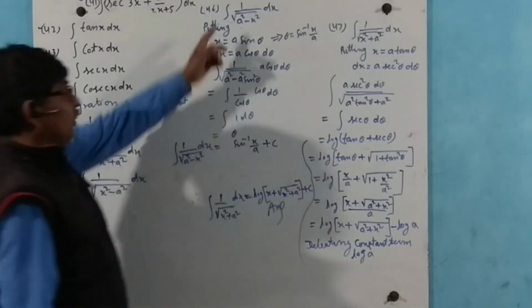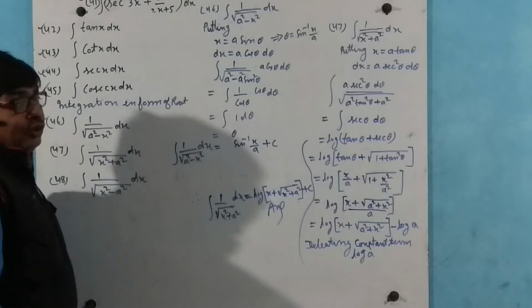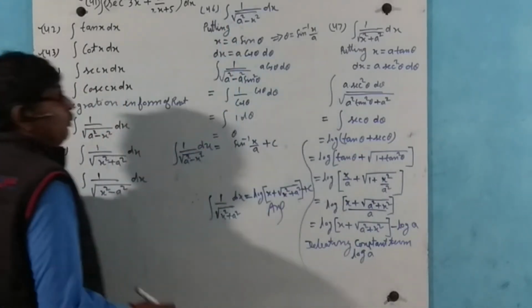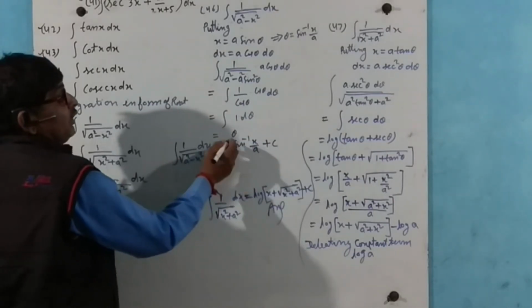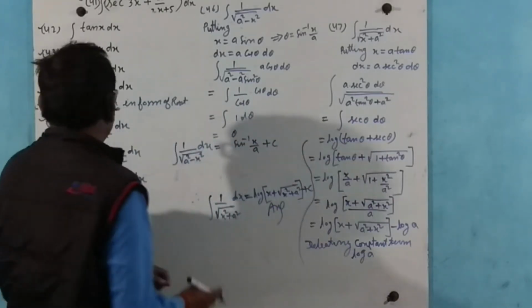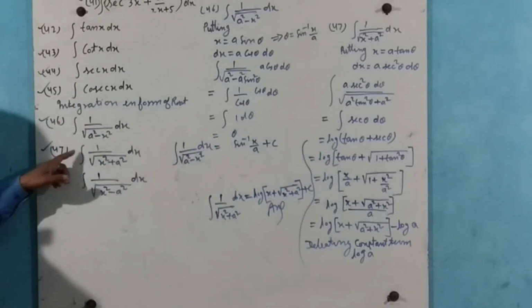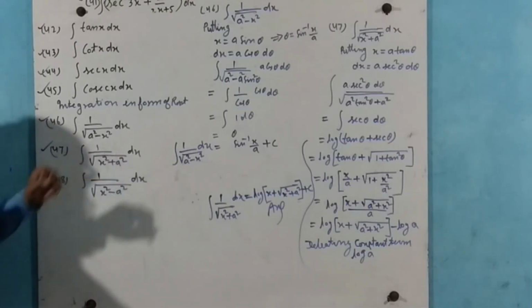This is the solution. We add the integrating constant, but if you use this formula in a problem, you only take the sin inverse x by a. Now question number 47, integration of 1 by under root x square plus a square dx.